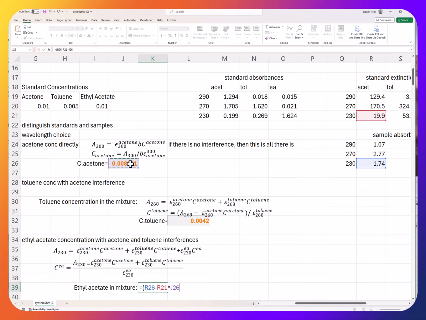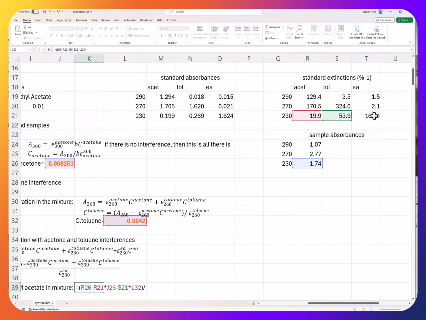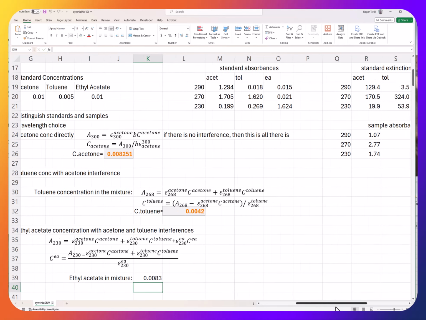And then it's going to be minus epsilon toluene times C toluene, divided by epsilon for ethyl acetate. There we go. That's how we do that.